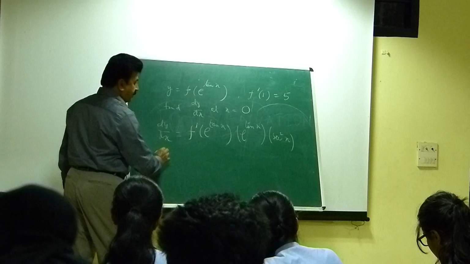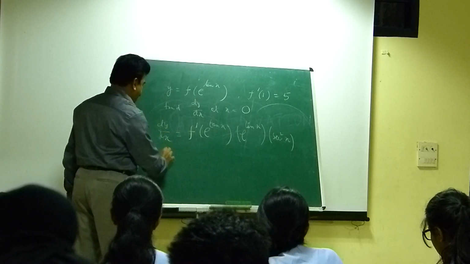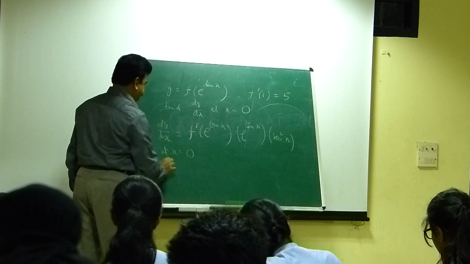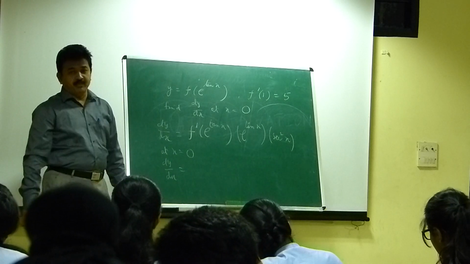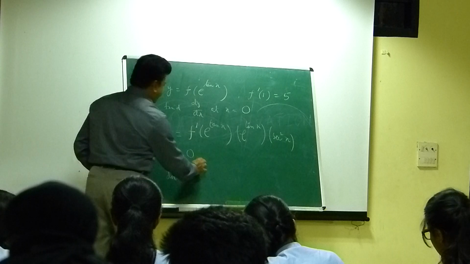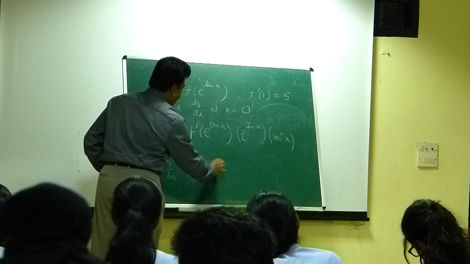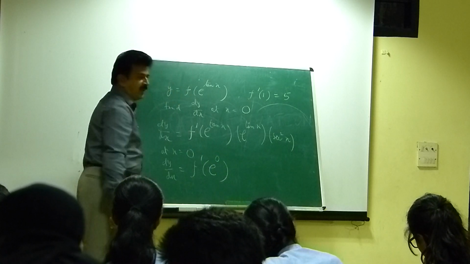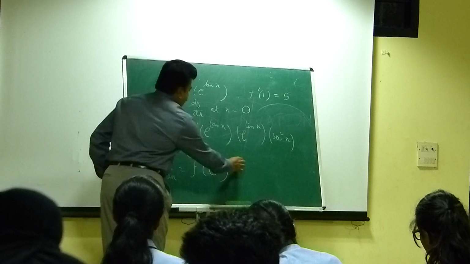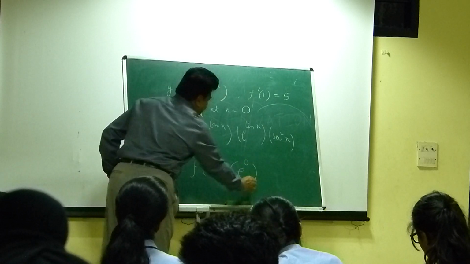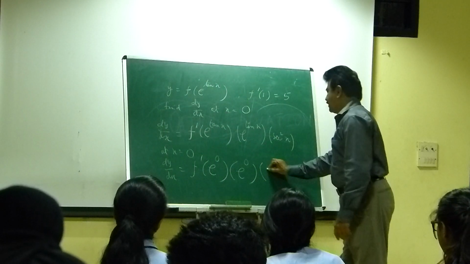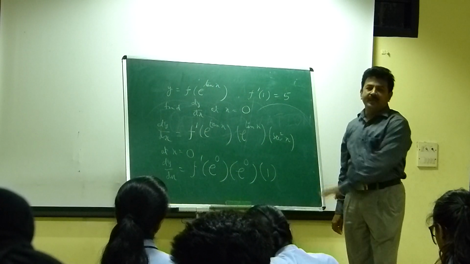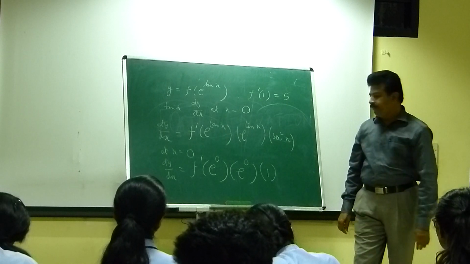I need to substitute x equal to 0. So at x equal to 0, what happens? You need to go one more step. So dy by dx is f dash of e raised to tan 0, write 0 over there, followed by secant squared 0. I am directly writing the value 1.